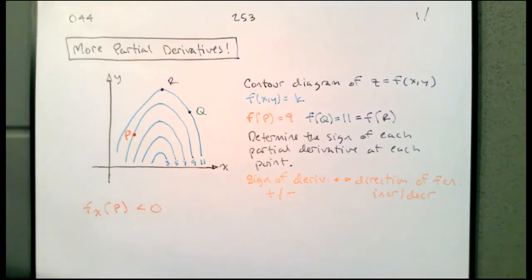Because if we move to the right, we're headed towards a lower value for the function.